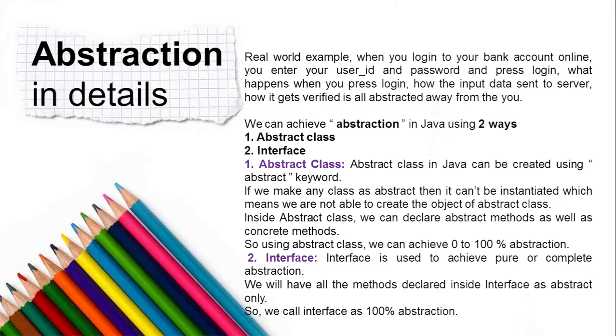Now we'll come to the next feature of object-oriented programming, that is abstraction. One real-world example of abstraction is when you go to your bank account online and log in. You give your user ID and password and then press login. When you press login, you get the welcome page, or you can withdraw money, or see your account balance.